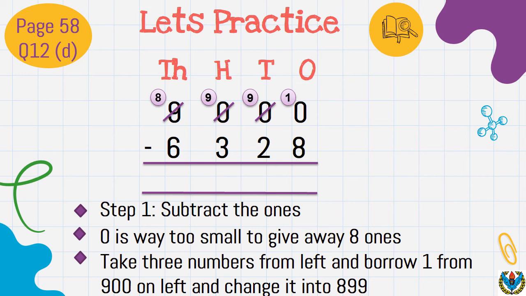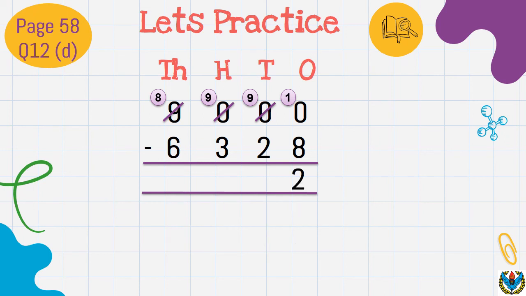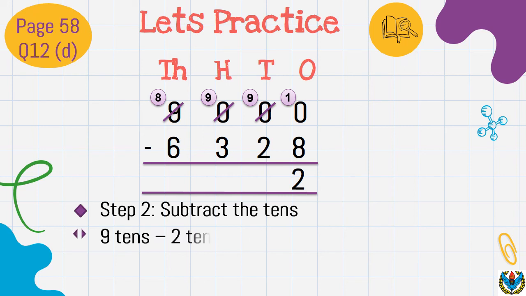Now we can subtract 8 ones from 10 ones. 10 ones minus 8 ones will give us 2 ones. Similarly, for the second step, we subtract the tens. You can see that the top number is 9 in the tens column, so 9 tens minus 2 tens becomes 7 tens.